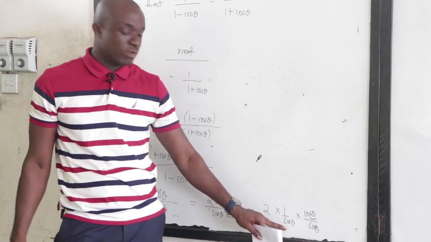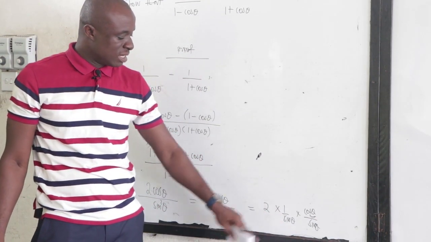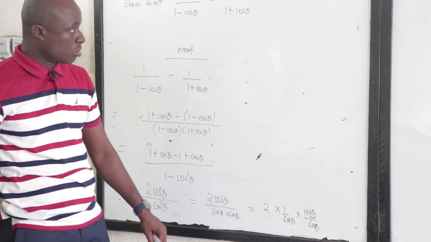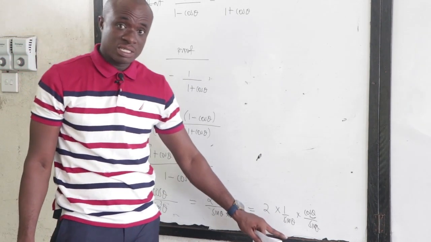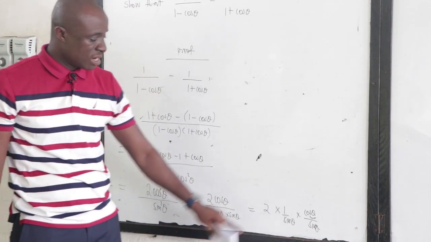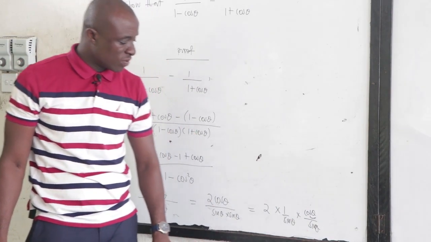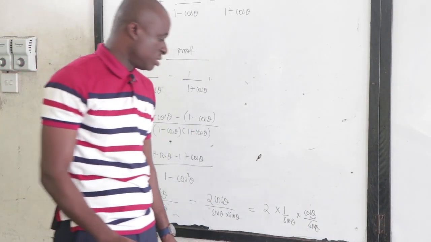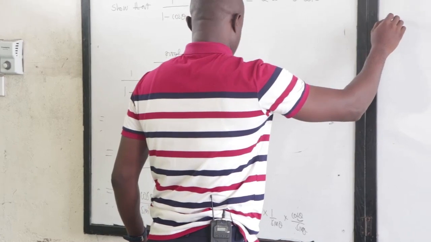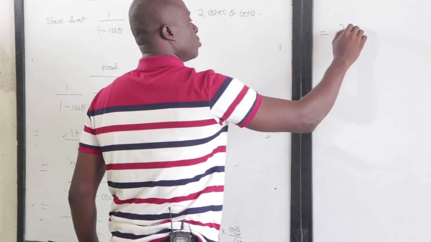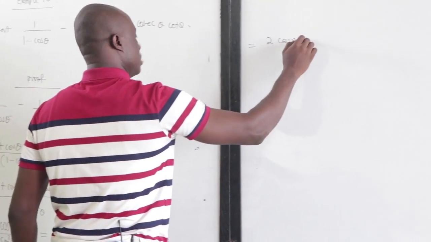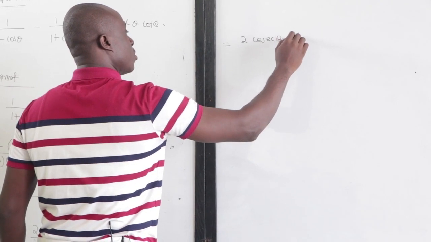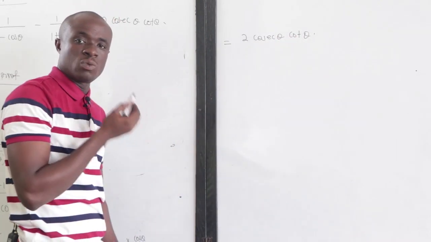Now, what is 1 over sine theta? 1 over sine theta is the same as cosec theta. And then cos theta over sine theta is what? Cot theta. So this is just equal to 2 cosec theta cot theta, as was asked.